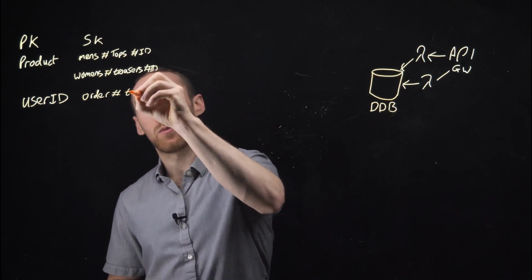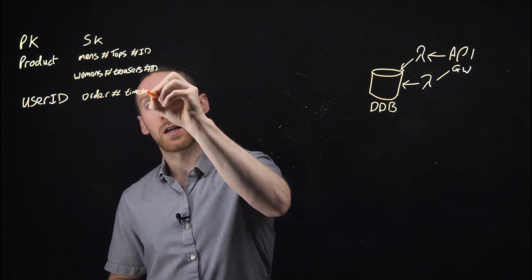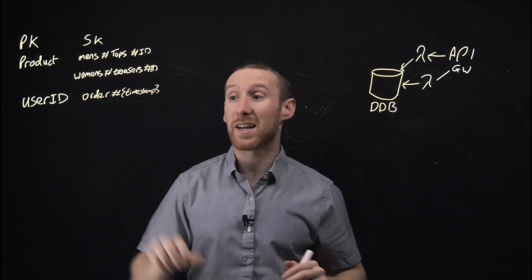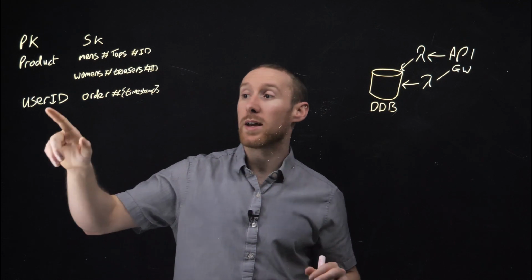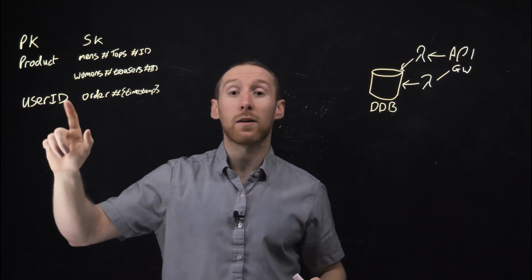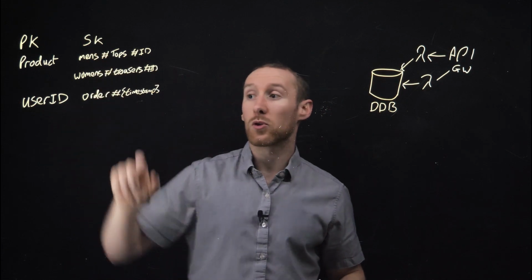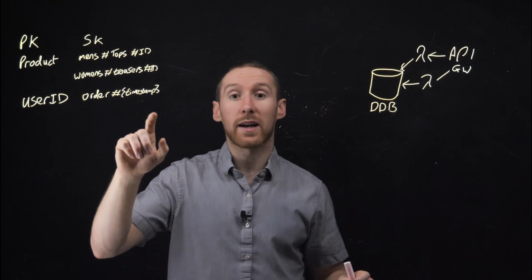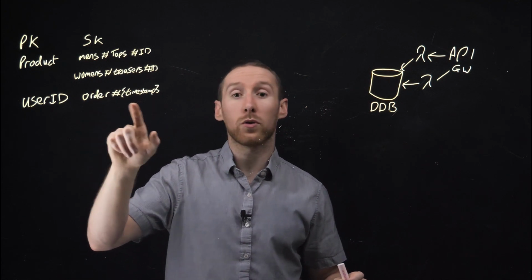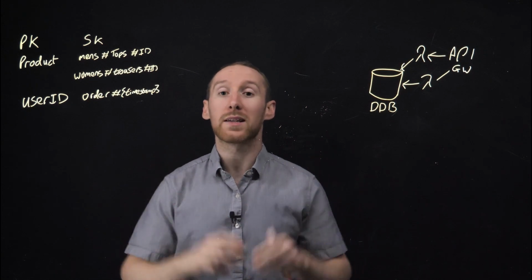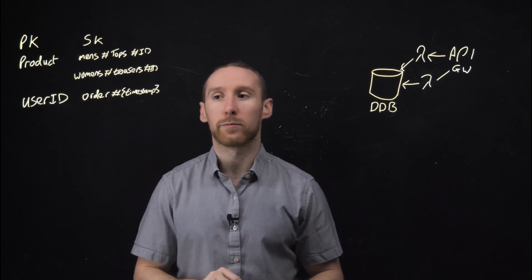So in here, I'm going to put in a timestamp. I'm just going to put that in curly braces to imply that is a variable. So here, I can now say, get me for a partition key of user ID with a sort key that is between order hashtag 5 weeks ago and order hashtag 3 weeks ago. And that will give me all orders placed in that 2-week window.